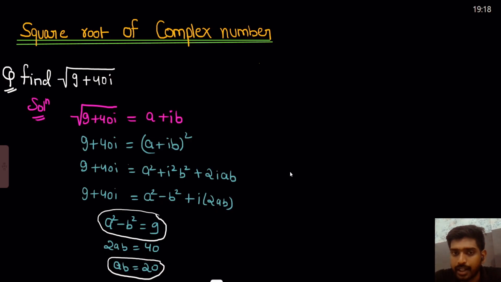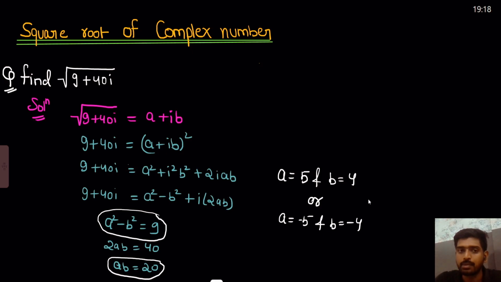The numbers you can write here are a is equal to 5 and b is equal to 4, or a is equal to minus 5 and b is equal to minus 4. Both the numbers will be of the same sign. Now next, what is the answer? The square root of 9 plus 40 iota will be equal to, a is 5, right?